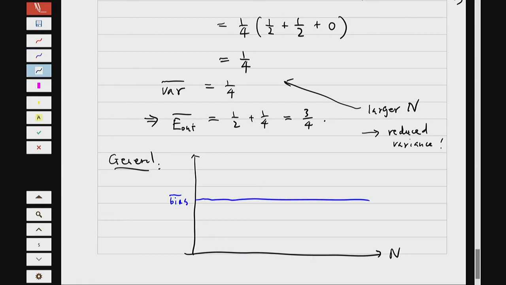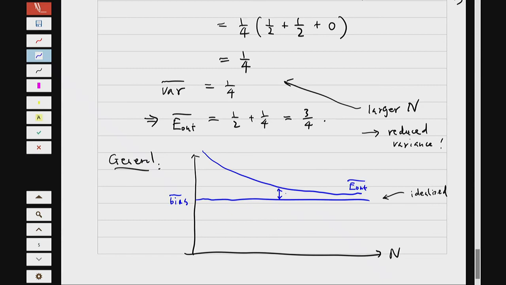And this is the idealized case. In general, the bias will also change a little bit, although not as pronounced as the variance. But the variance will substantially decrease as you increase the number of data points in the training. So let me say this is the variance, the difference here. So this overall is E out.